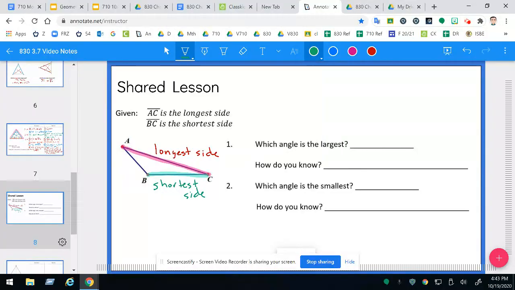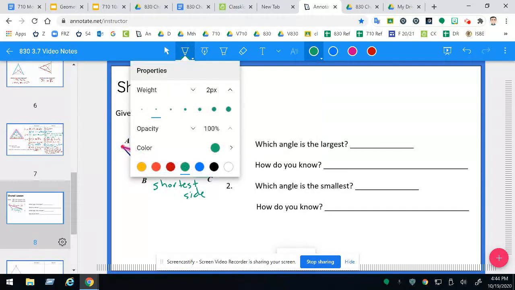And how do we know? Okay, so we established a relationship between sides and angles with our theorem. The theorem talked about if two sides are congruent, then the angles across from them, or opposite of them, are congruent. So if we're dealing with an inequality situation here, what would make sense if we went across the triangle?